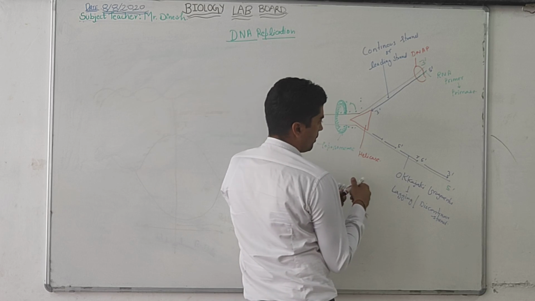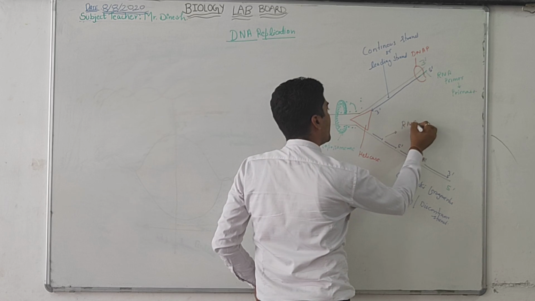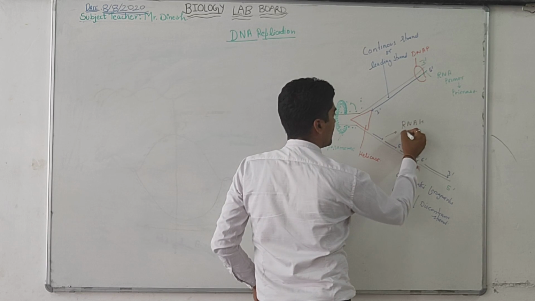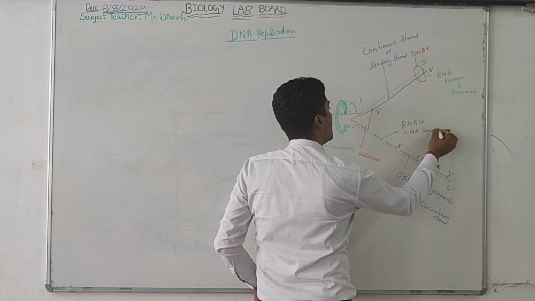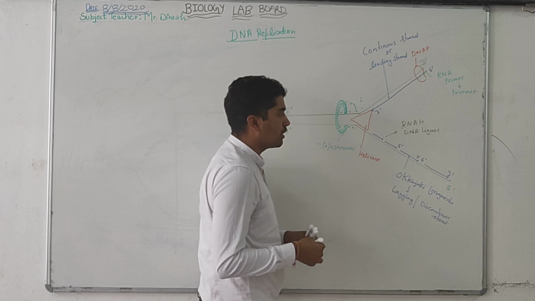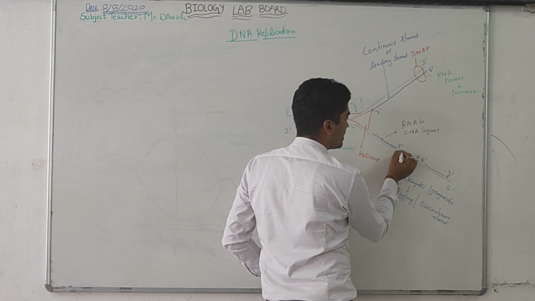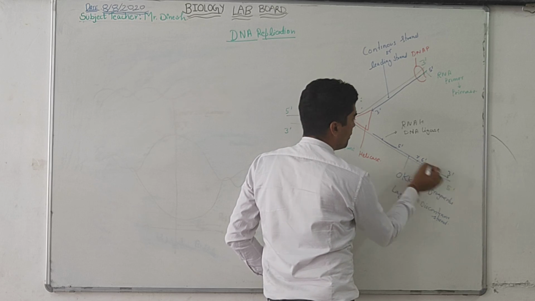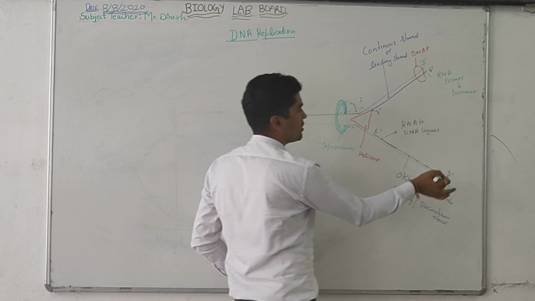So after removal of this, there are two enzymes: one is RNase H and second is DNA ligase. DNA ligase is also called molecular glue. So DNA ligase will bind this chain, and this lagging strand chain will also become a complete 5' to 3' chain.